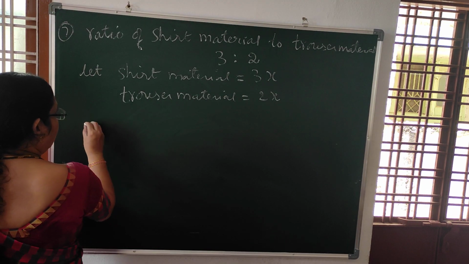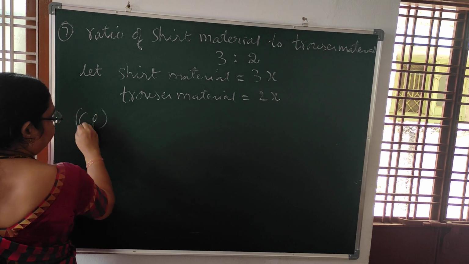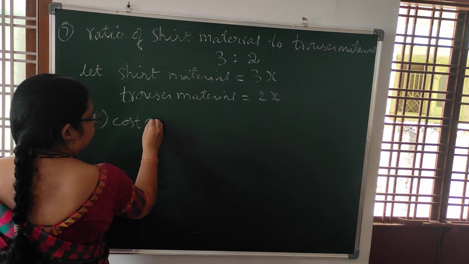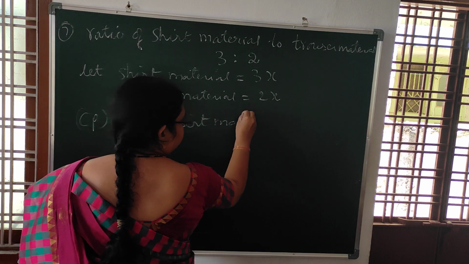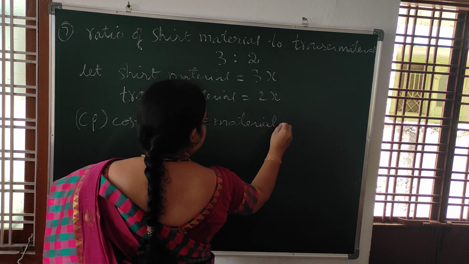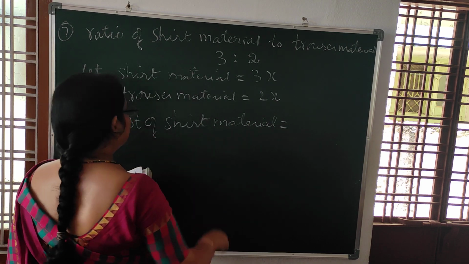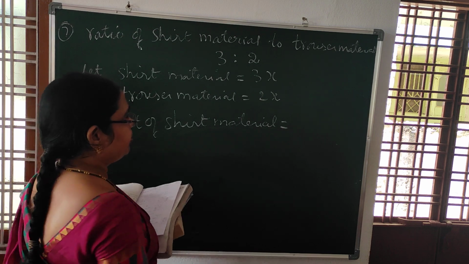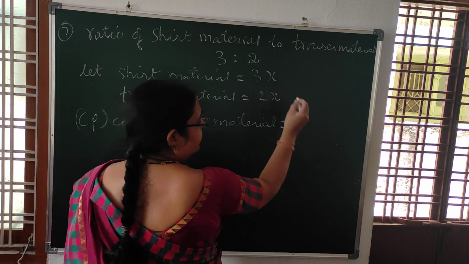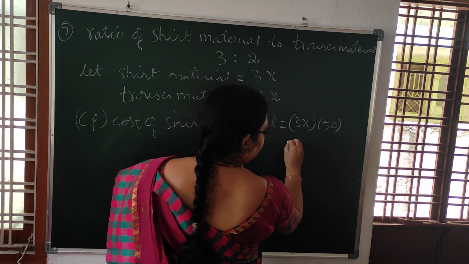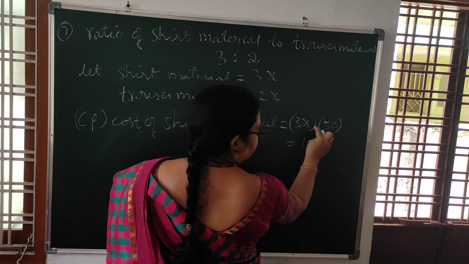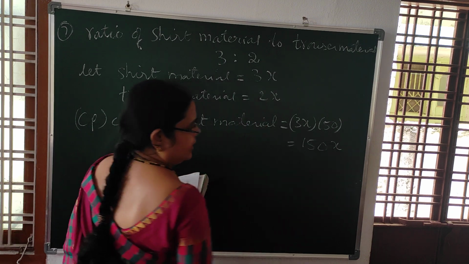Next, you are given cost. The cost price you are going to find, starting with the cost of shirt material. He bought shirt material at 50 rupees per meter. How many meters did he buy? 3x. So 3x into 50 becomes 150x. 5 3s are 15, so 150x.